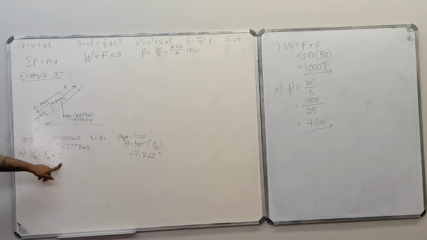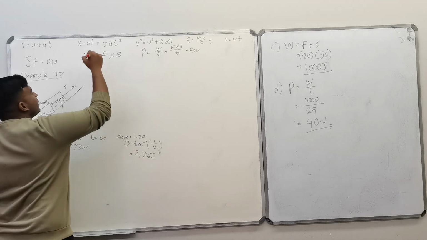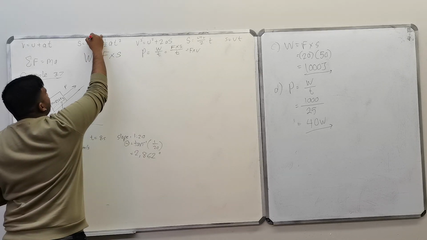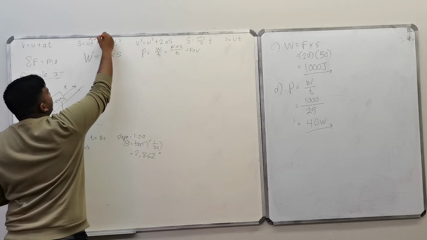Do we know how much this was displaced by? That's a distance they give us? No, they never gave us the distance. So we'll have to use one of our formulas at the top to work out the distance. Do we know initial velocity? Yep. Do we know time? Yep. Acceleration?